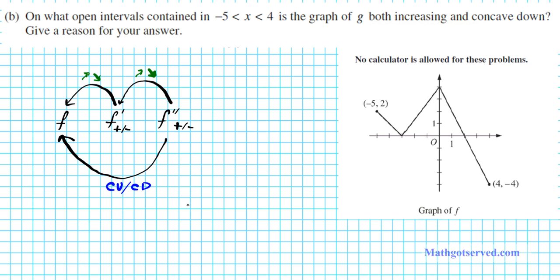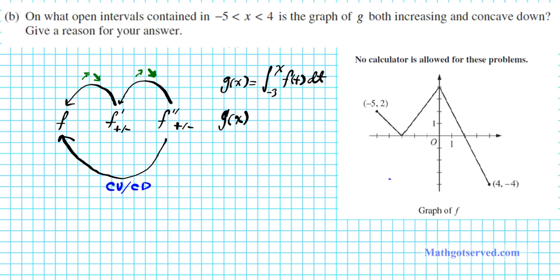So now, we're talking about G, I want to connect G and F. We know that G of x is equal to the integral from -3 to x of f of t dt. So what is G prime going to be?